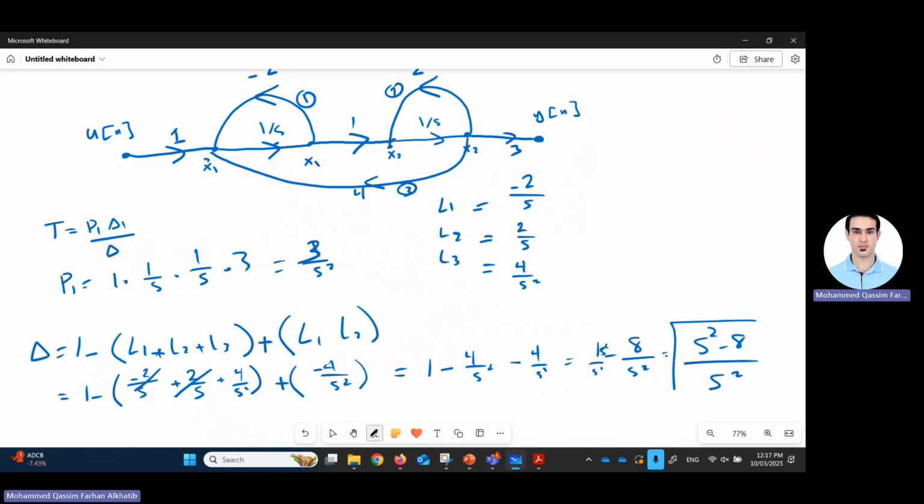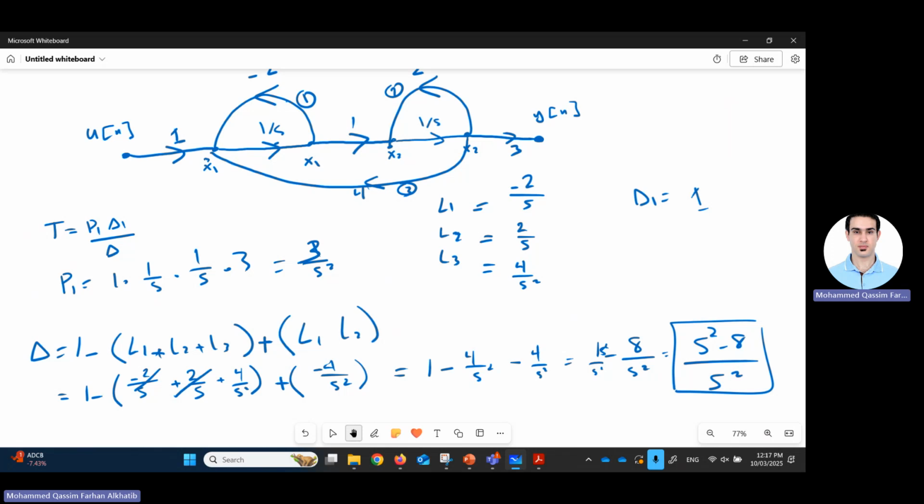Delta 1 is how much? It is 1 minus, or remove from delta, all loops that are touching P1. And they are all touching it, so it's going to be 1. Because L1 is touching this path, L2 is touching, L3 is touching. So all these L's will be gone, and you'll have 1 only.